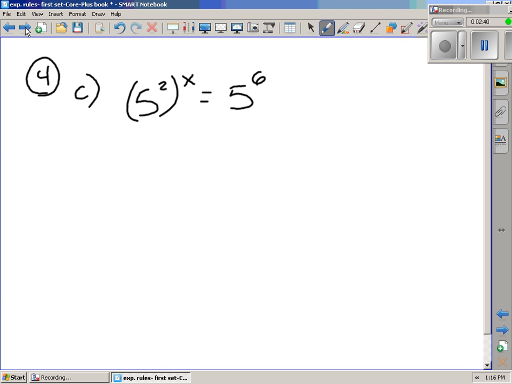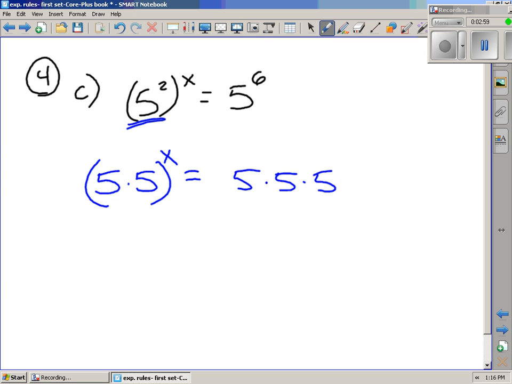Okay, example C. In this case, we're not told what x is, but we need to figure it out. So again, we're trying to figure out what this pattern is. So if I write 5 times 5, which is 5 squared, to some power, it needs to be equal to the base of 5 written out 6 times. 1, 2, 3, 4, 5, 6.